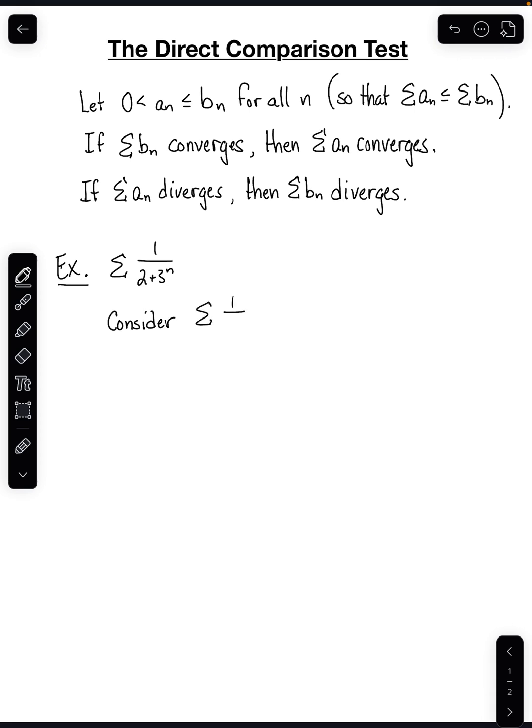Without that plus 2 in the denominator, this is a geometric series. It's a geometric series with r equal to 1/3.